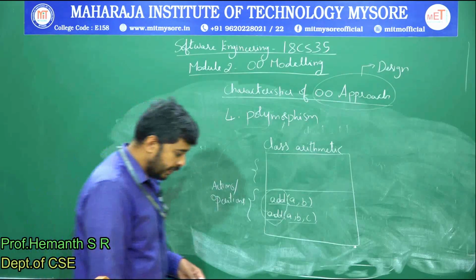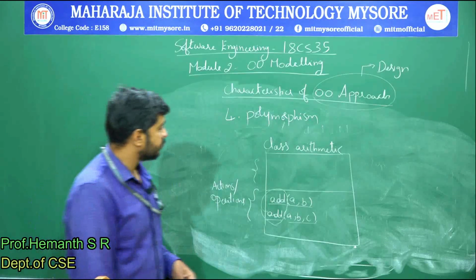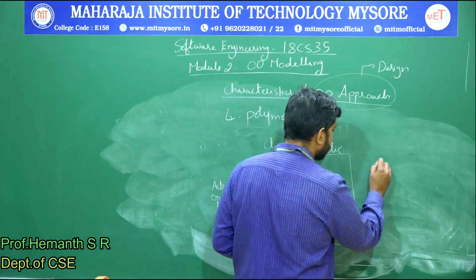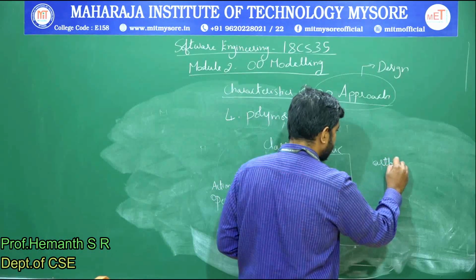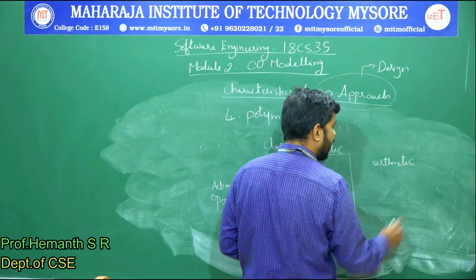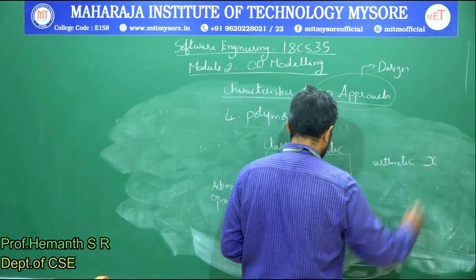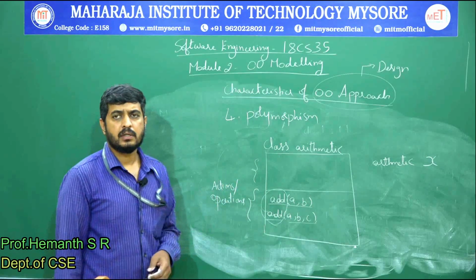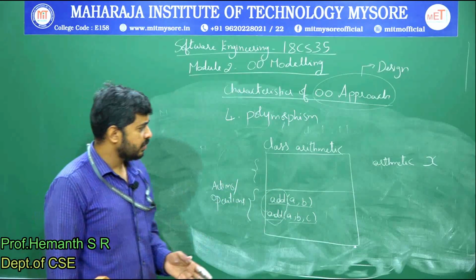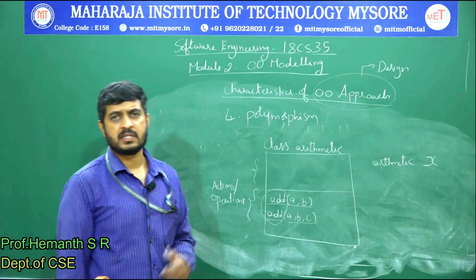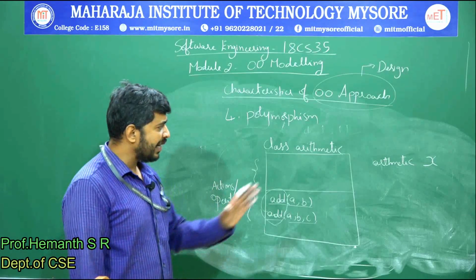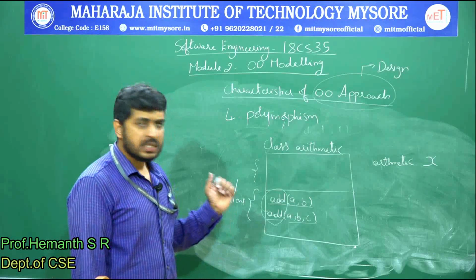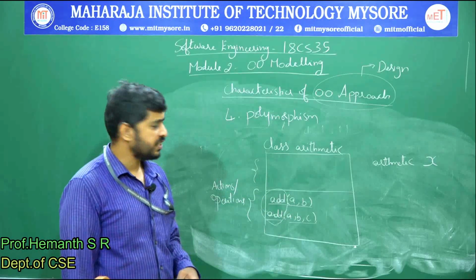For example, I'll create maybe an object for arithmetic class. I'll create an object x. Now x is an object of class arithmetic. So already we have seen what is an object, what happens when an object is created. We have the detailing about it. So based on this knowledge, we will continue with the discussion.